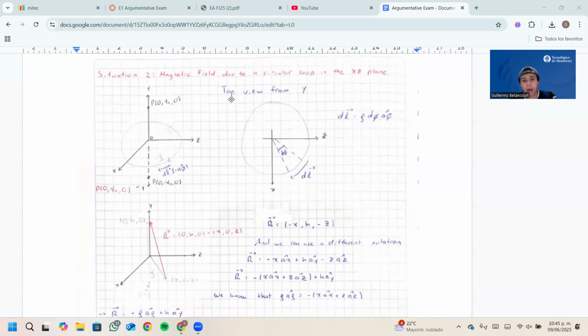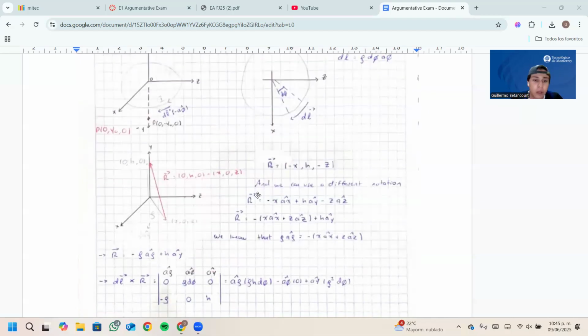And now I have a graph of the top view from the y-axis, where we can see the differential of length. Well, in this case, we know that the differential of length is equal to rho d phi in the direction of phi.